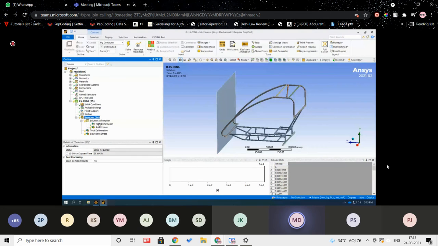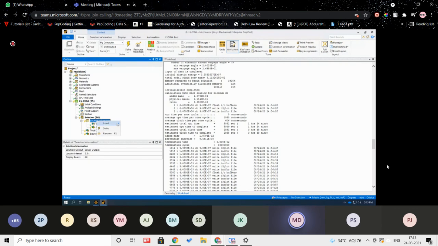The same thing you can put from solver information. From solver information, you can put added mass, and you can scope that to a particular component. Let's suppose one body, you want to understand how the effect is happening. So this is the added mass. Previously, it started from 3.93 and then it has moved to 4.04 kg.